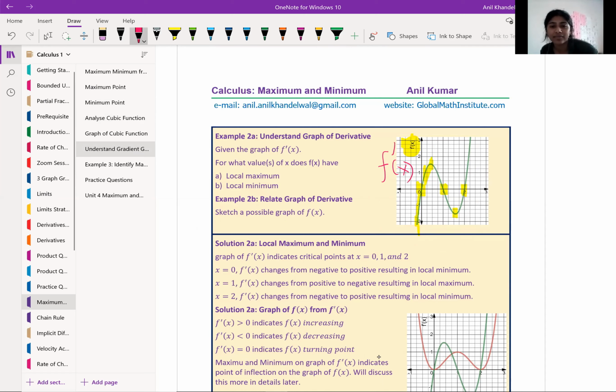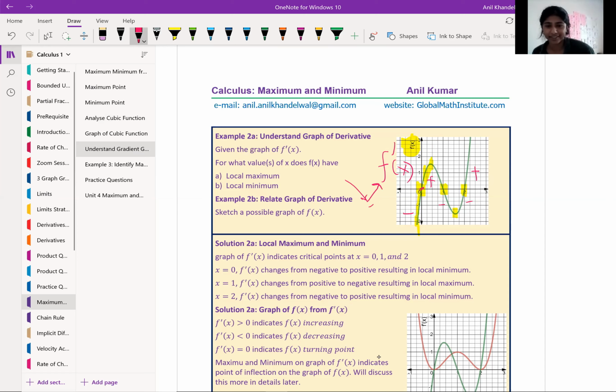Yes. So it is negative here and it's positive here, correct? Then it is negative here, and positive there, correct? At this point, 0, it changes from negative to positive. This is the gradient. Do you see that? So we hit a minimum.